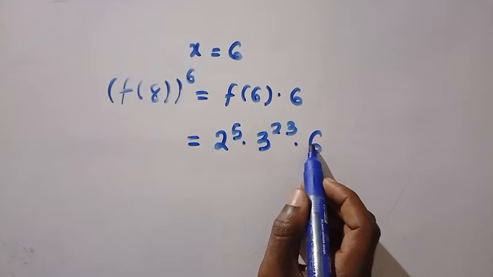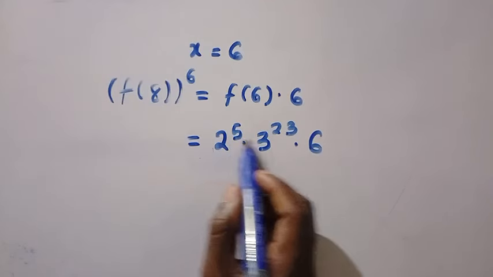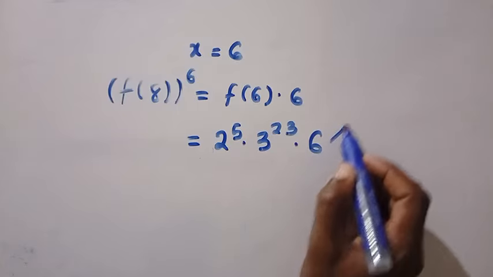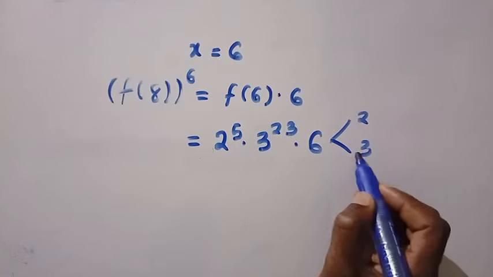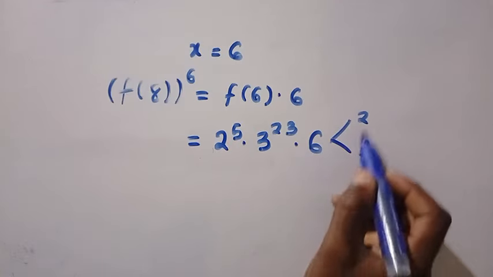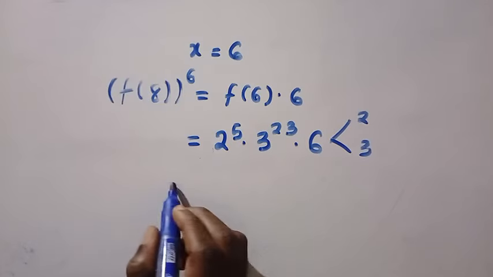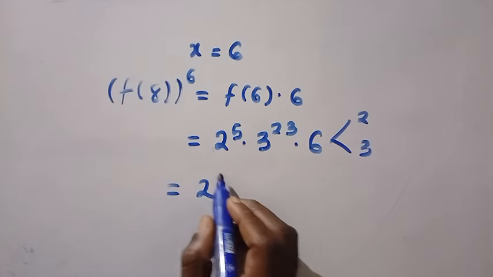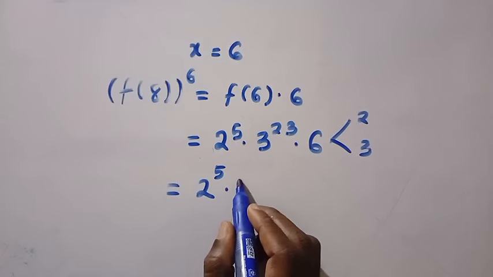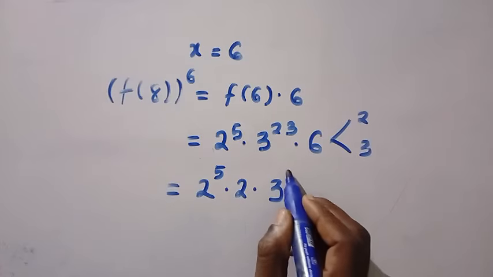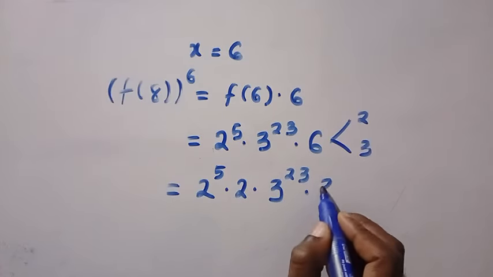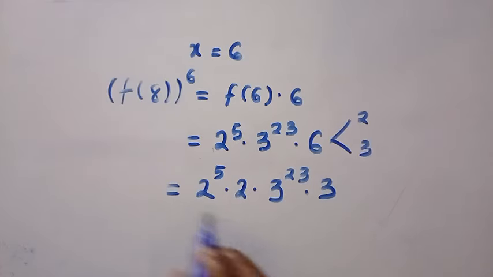There is no way we can multiply this together unless we express 6 as 2 multiplied by 3. So we have 2 power of 5 multiplied by 2 multiplied by 3 power of 23 multiplied by 3, and all this is f(8) raised to the power 6.